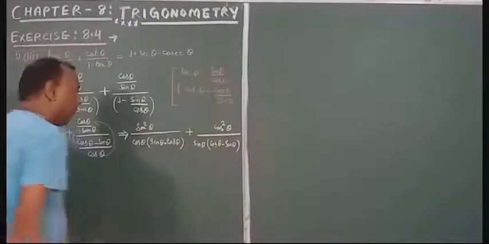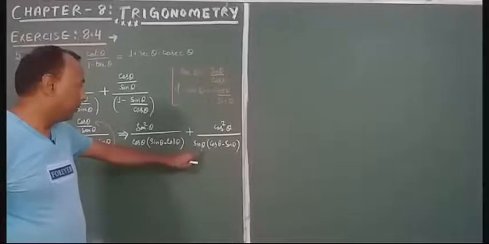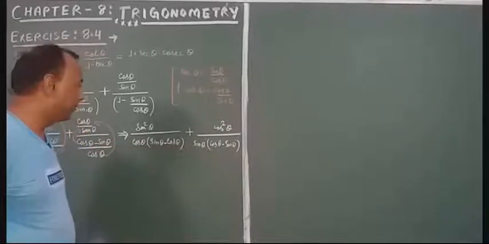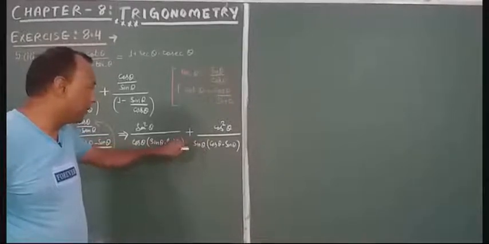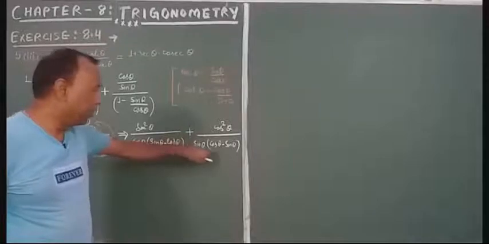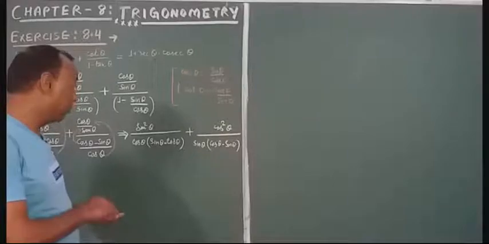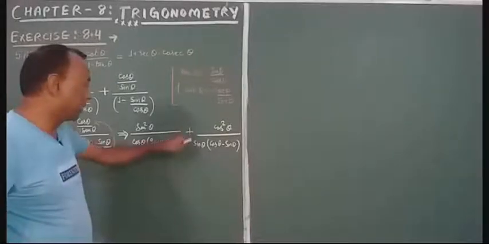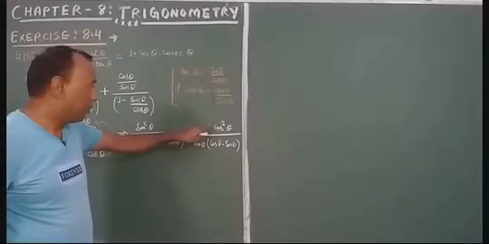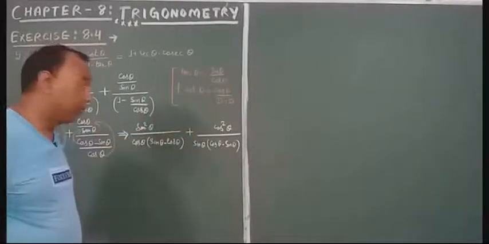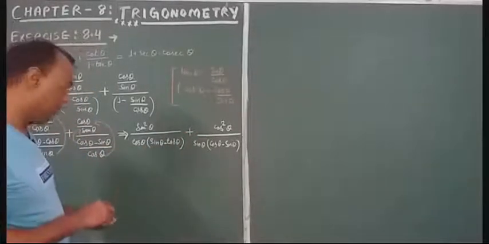Now just look here. If I multiply the minus sign here, this sign will become minus and this will become sin theta minus cos theta. What are we doing now? We are multiplying the second term by minus 1 upon minus 1.